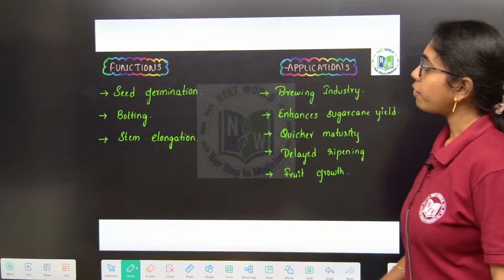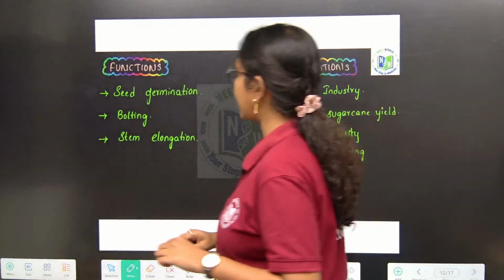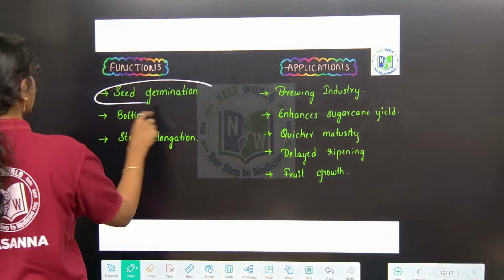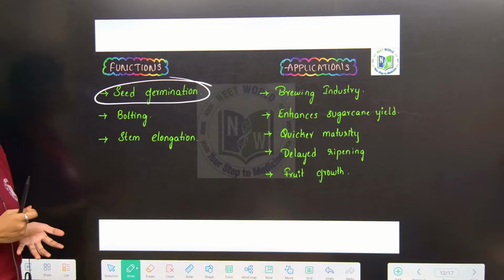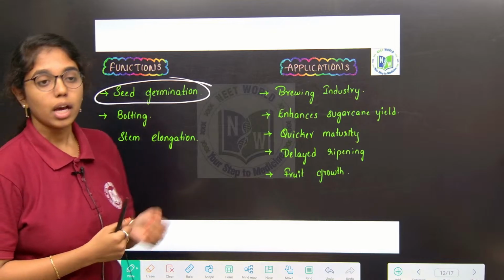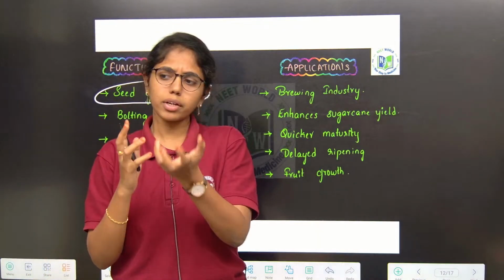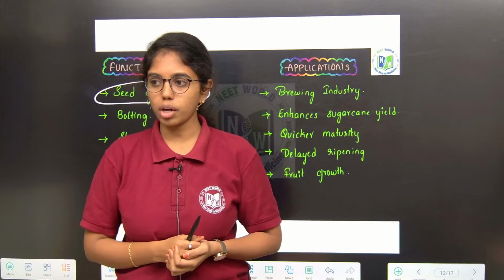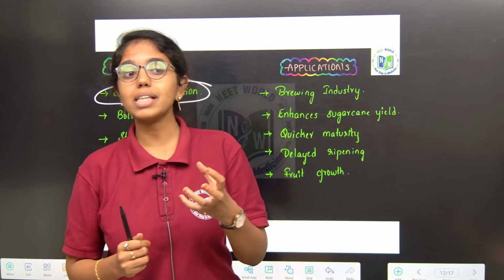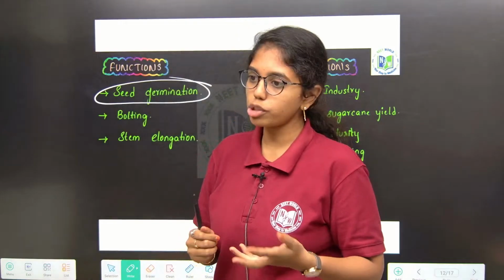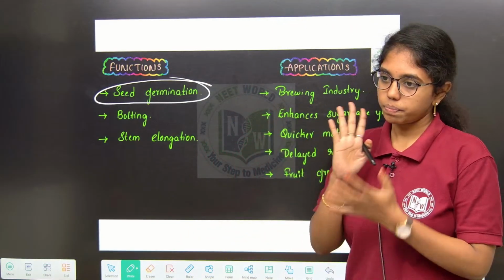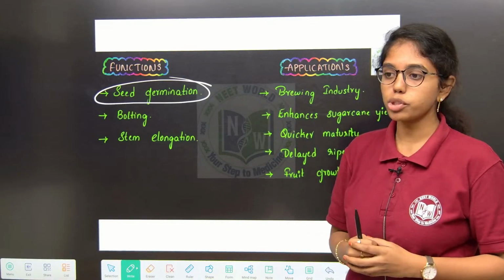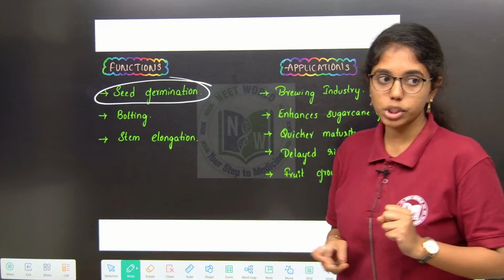Now functions. Functions of gibberellic acid include what? Seed germination first. How is seed germination promoted by gibberellic acid? When a seed is germinating, it requires nutrients, yes or no? The nutrients are present either in the starchy endosperm or in the embryo, in the form of complex carbohydrates, and sugars are needed at the time of seed germination.